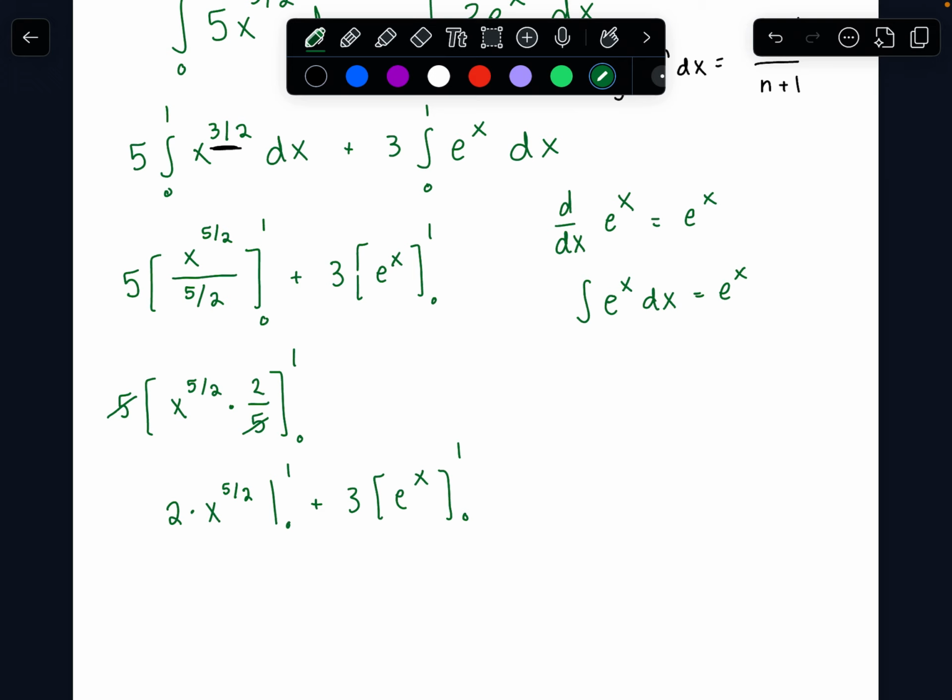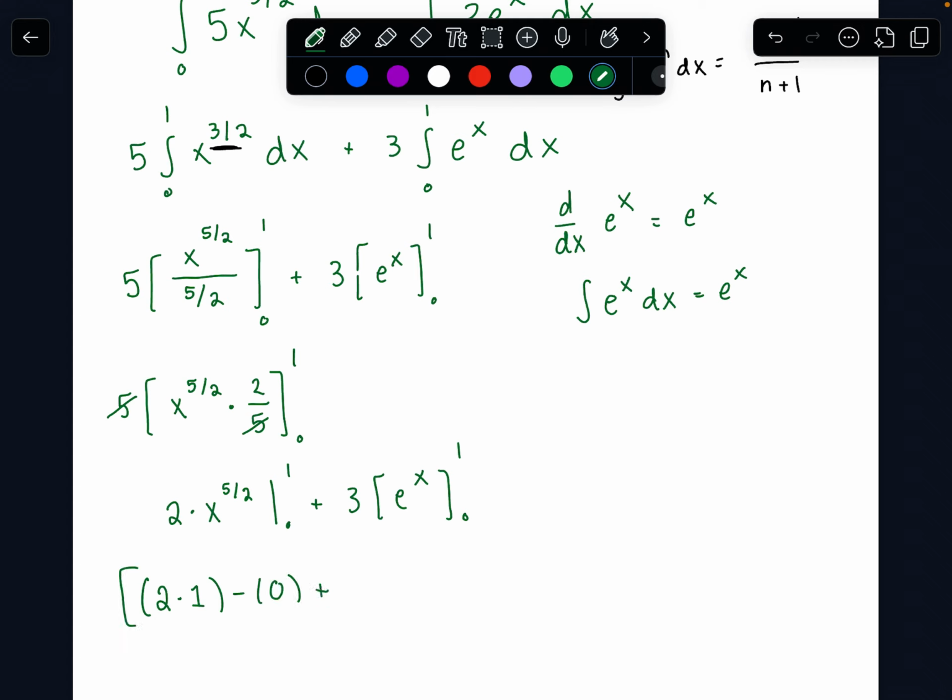So I'm going to plug in 1 and then subtract that from when I plug in 0. So I'm going to have 2 times 1 to the 5 over 2, which is just equal to 1, minus 0 to any number is still 0. So 0. Okay?